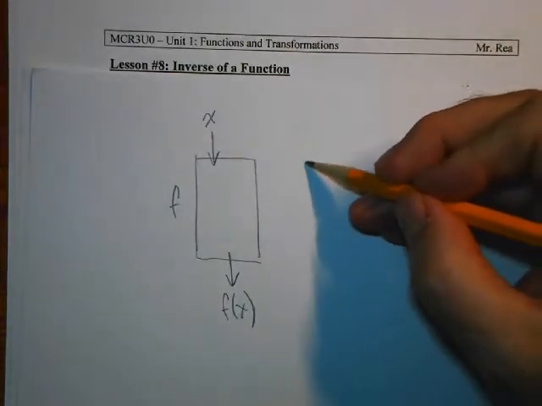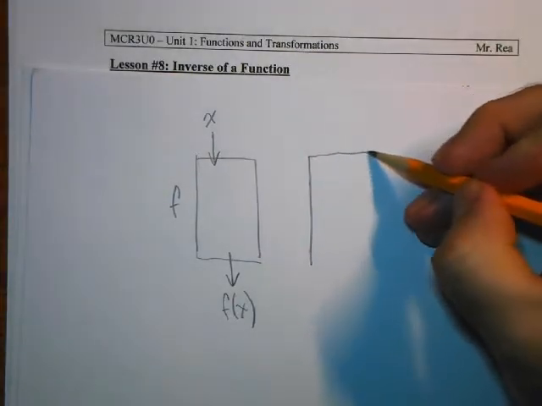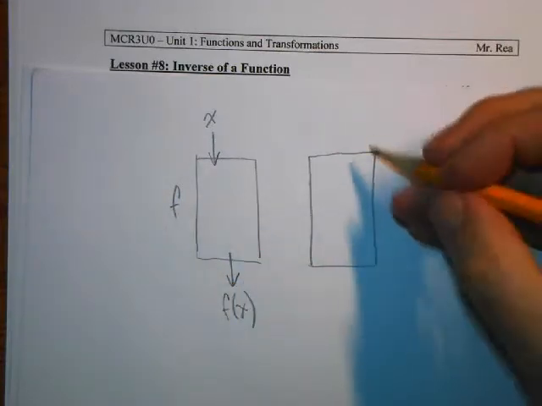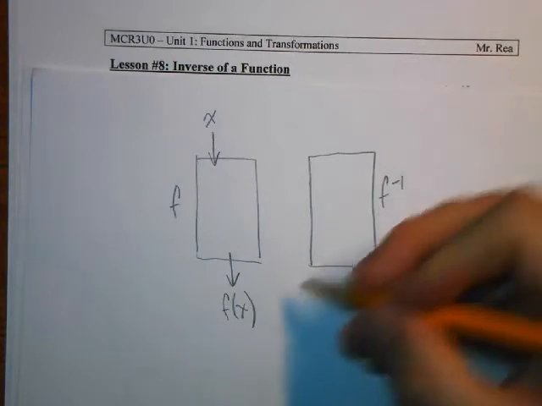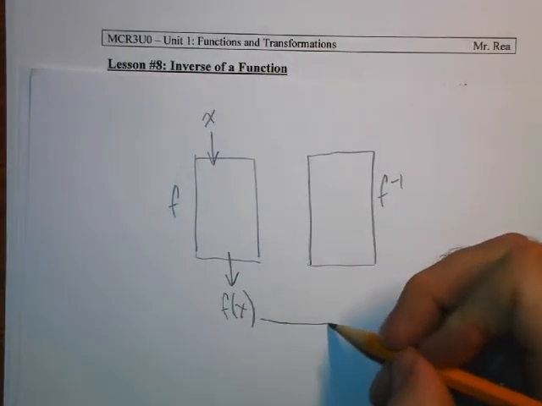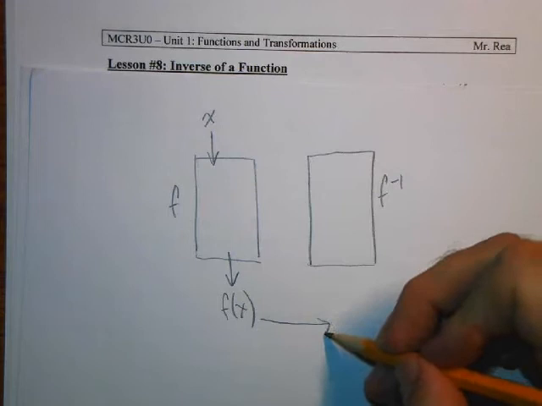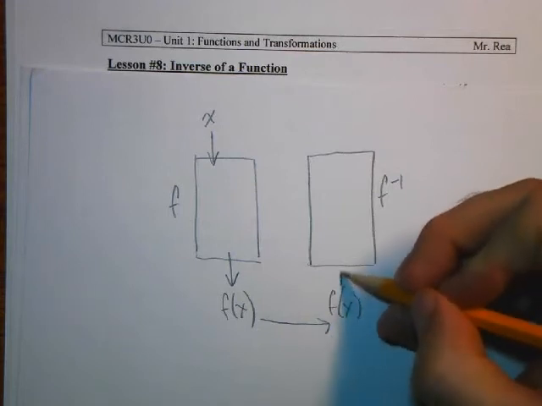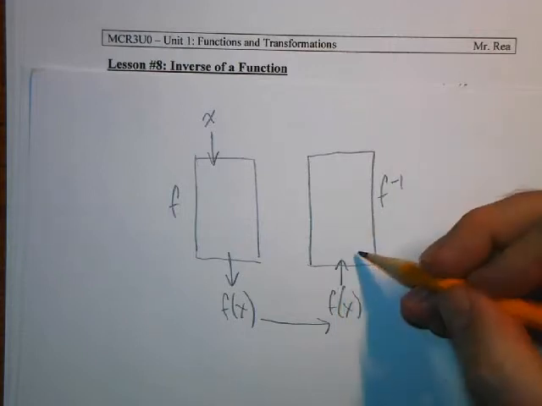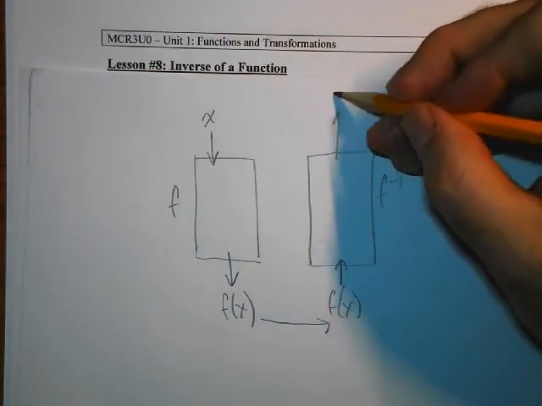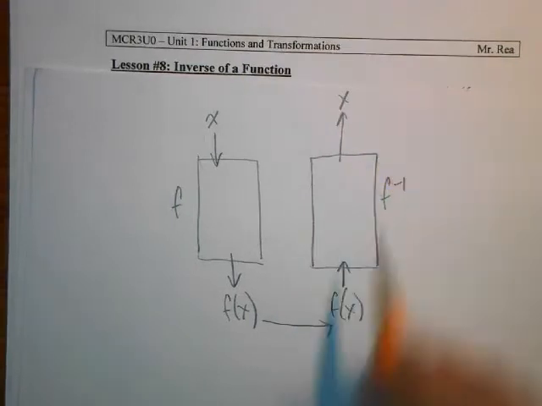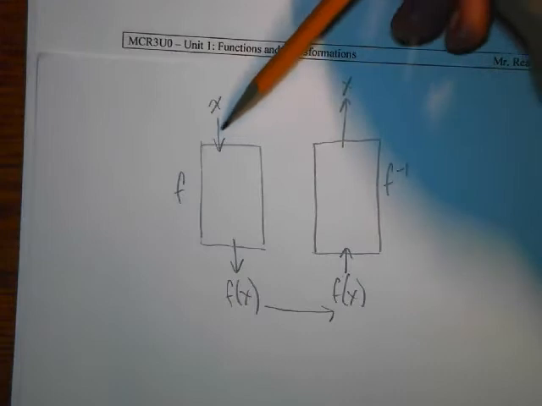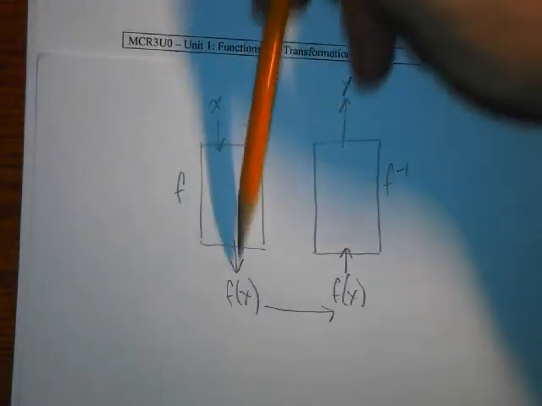If beside it we had this other box, and we made this function the inverse of f, we'll call it f inverse. If we fed f of x back into the f inverse function, we would get back x. So in this inverse, the input's coming from the bottom and going out the top. In the original function f, input is coming in here, outputs coming out the bottom.